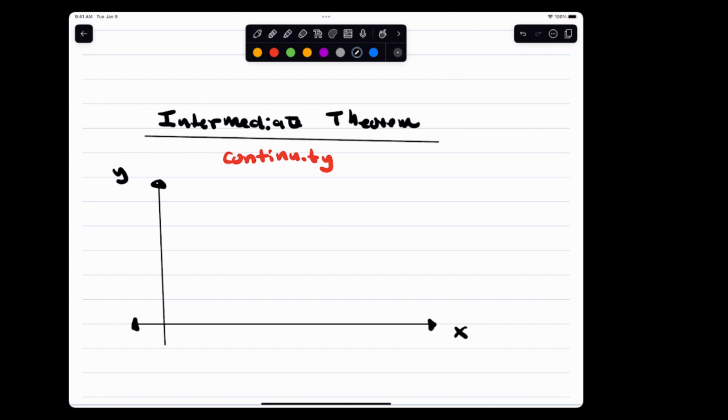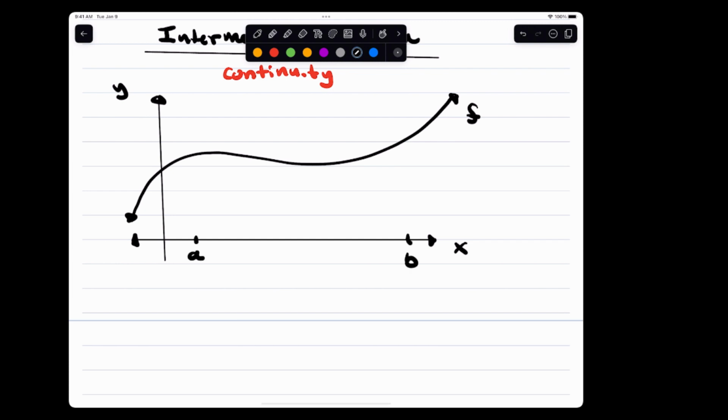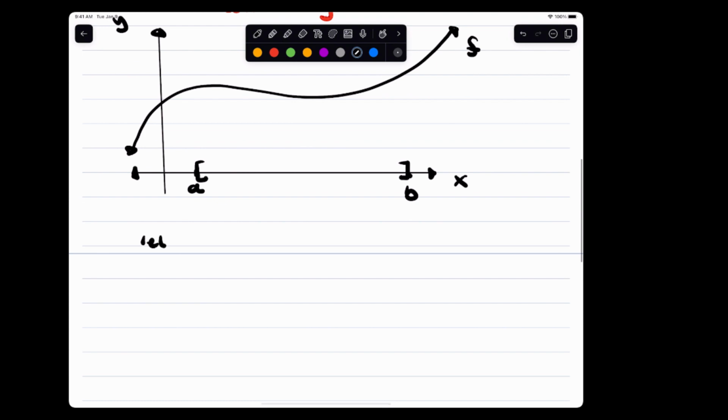Okay. So essentially, here's kind of what you have to have. First of all, you got to have a nice, beautiful what? Continuous function. Okay? And then they give you something like this. This is over an interval AB. So they pretty much say this. Let f be continuous over what's called a closed interval, AB.